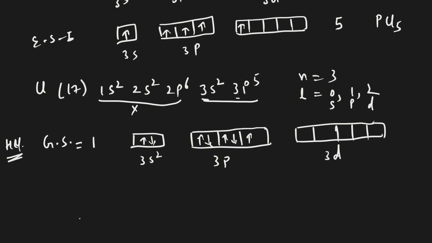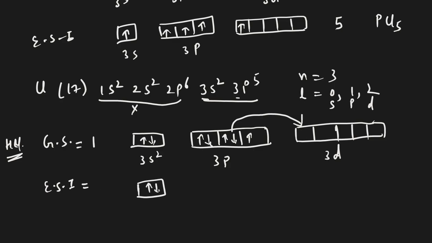Now you can easily see that there are many excitations possible. One possibility is that one electron from the 3p can move to the 3d orbital. In that case this is called the first excitation state. In that case you need to check the covalency. So first we will draw all the electrons once again.